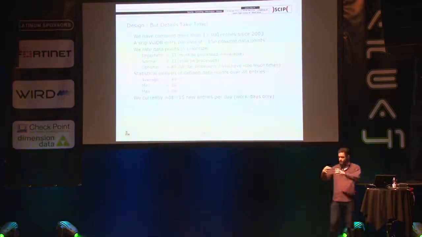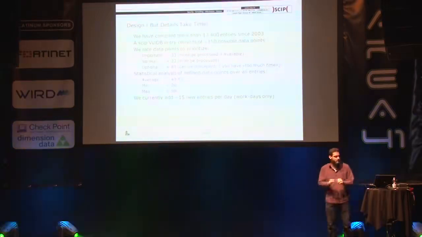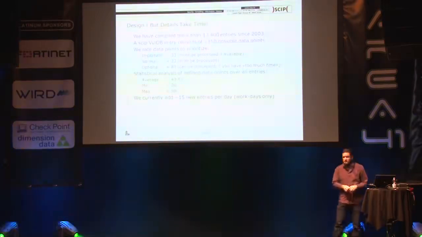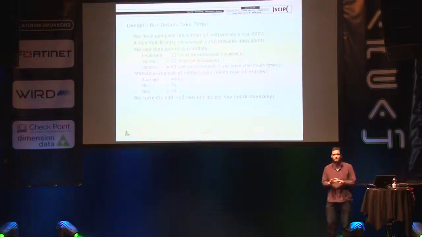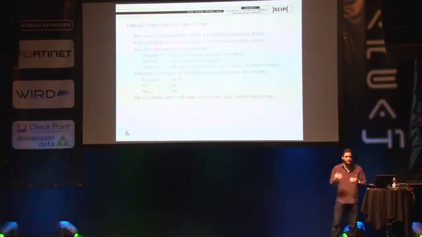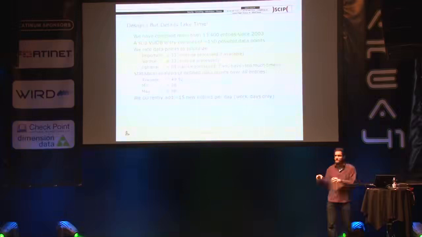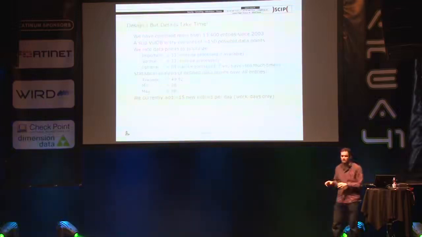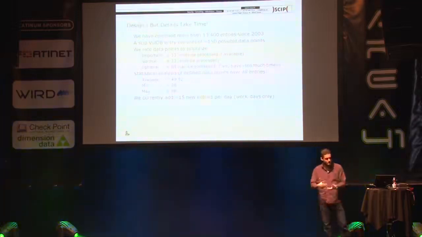That means we have 150 different information details available in an entry. And because it's impossible to add all of them, because you don't have the time and often you don't have the information, we have to provide a priority: which data point is important for an entry and which must be added and which shall be added.